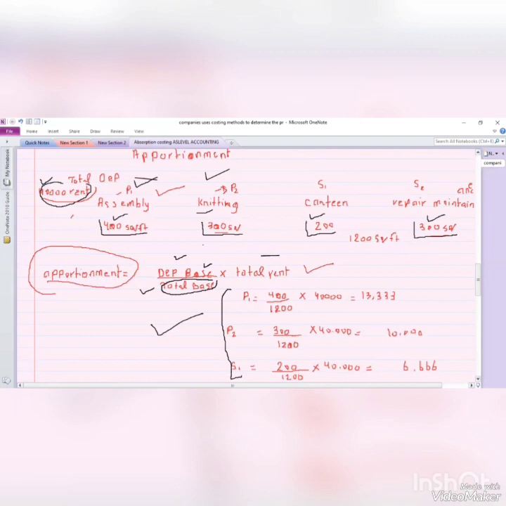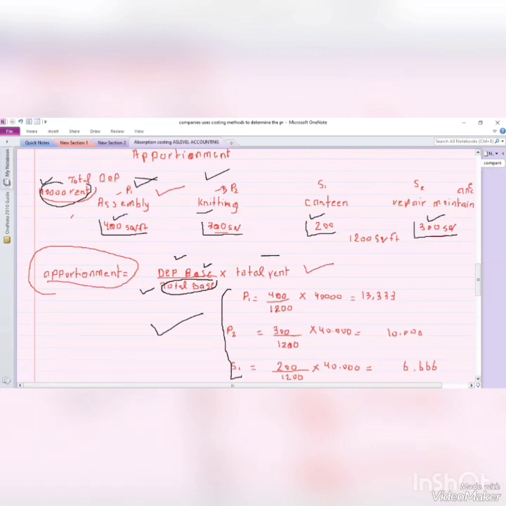You can see that the assembly department captures 400 square feet. It means that we should put 400 square feet in the department base, and we will multiply this by the total rent, which is $40,000, and divide it by the total base.